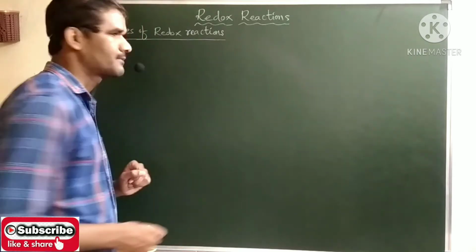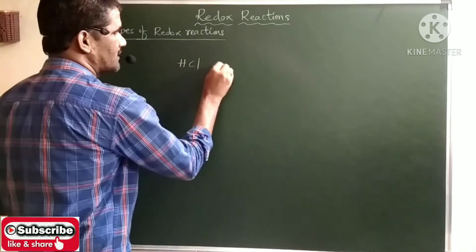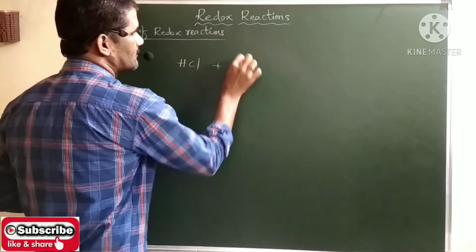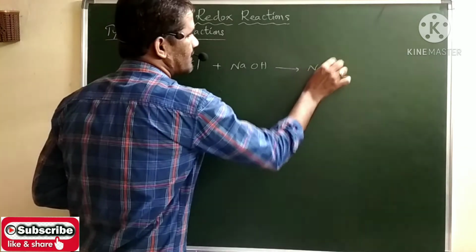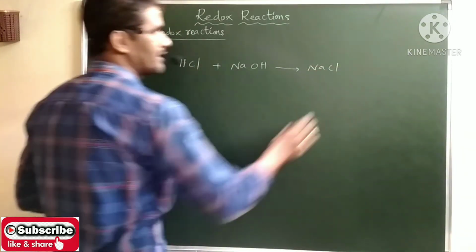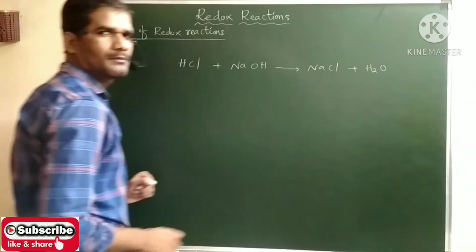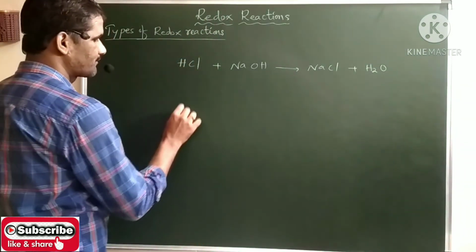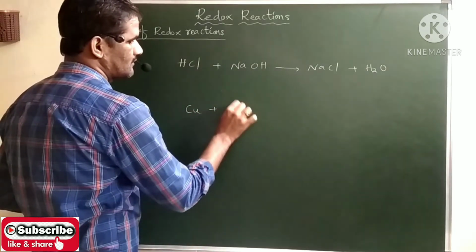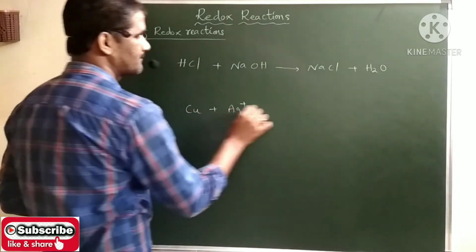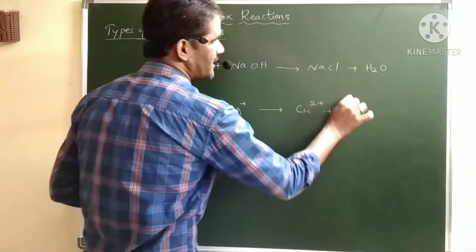Let us take some examples. Here HCl reacts with NaOH to give NaCl plus water. Some other types of reactions: copper reacts with Ag+, and it will form Cu2+ and Ag.